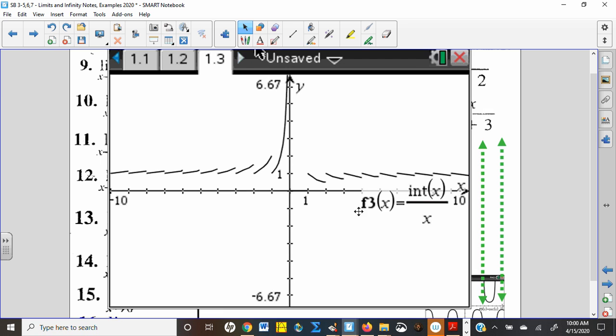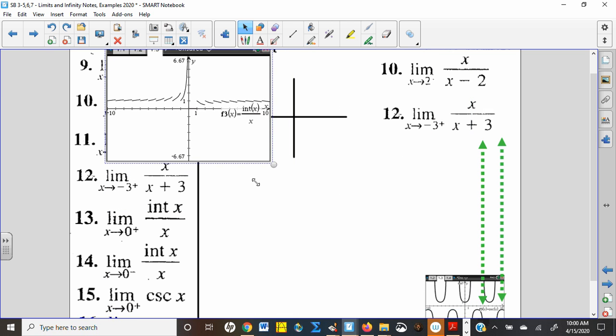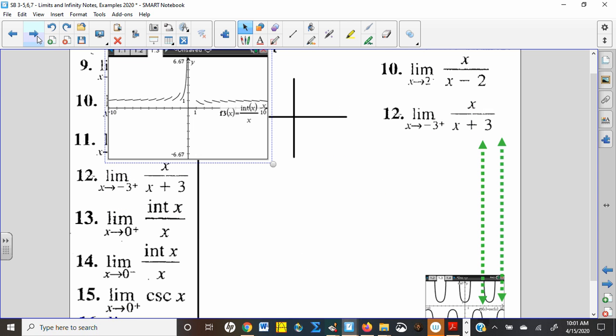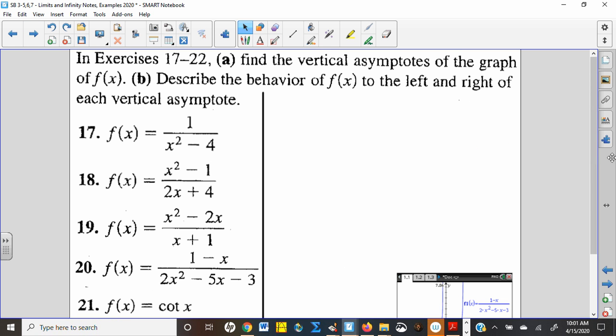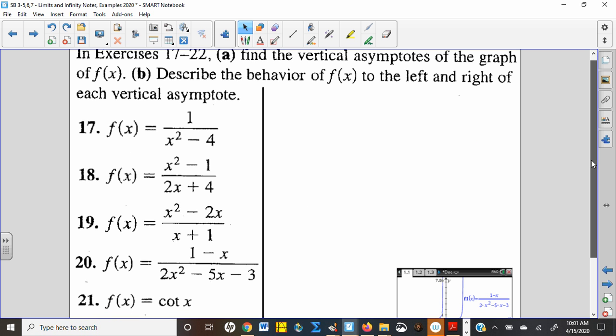All right, let's move on to the next section, which would be 17 through 22. This time, instead of horizontal asymptotes like we were talking about in problems 1 through 8, we're really talking about vertical asymptotes, identifying them.